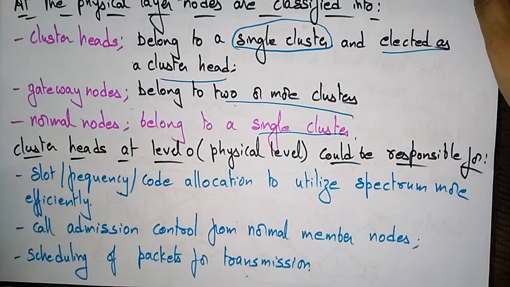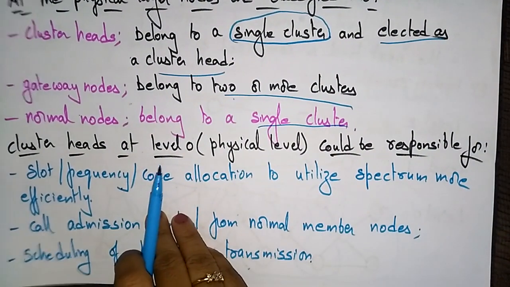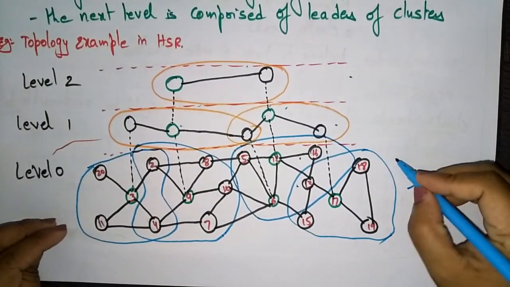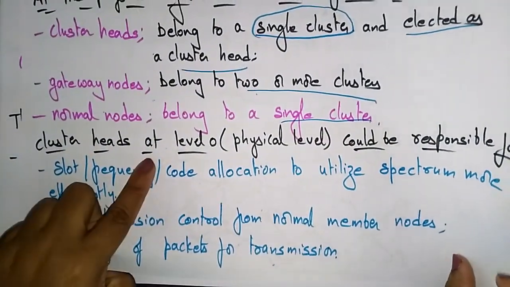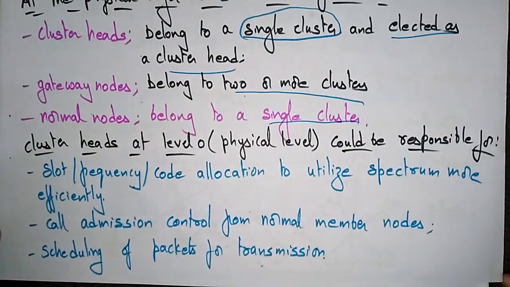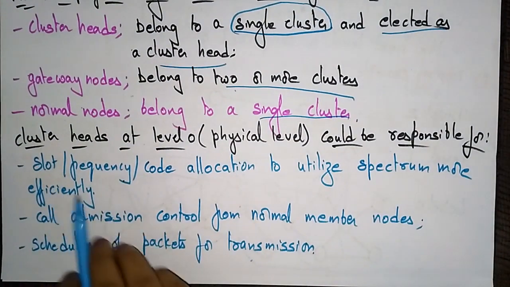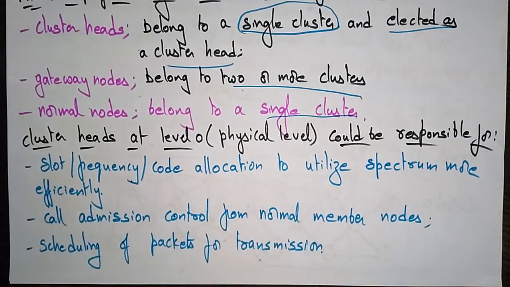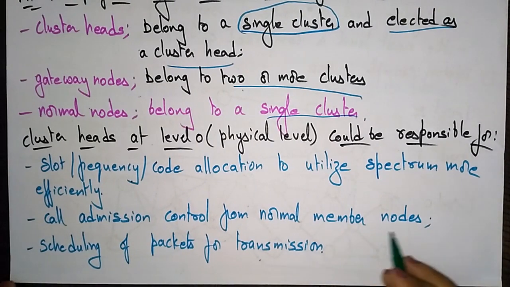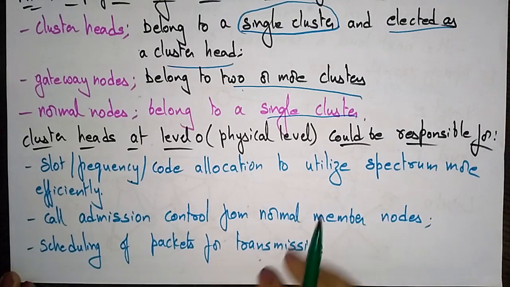Let's see the cluster heads. The cluster head at level 0, the physical level, could be responsible for slot, frequency or code allocation to utilize the spectrum more efficiently, call admission control from normal member nodes, and scheduling of packets for transmission.